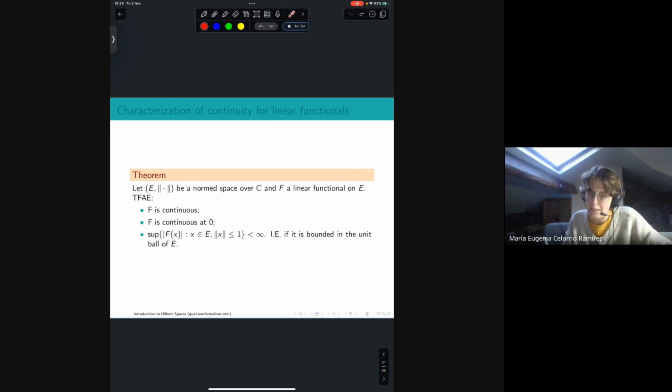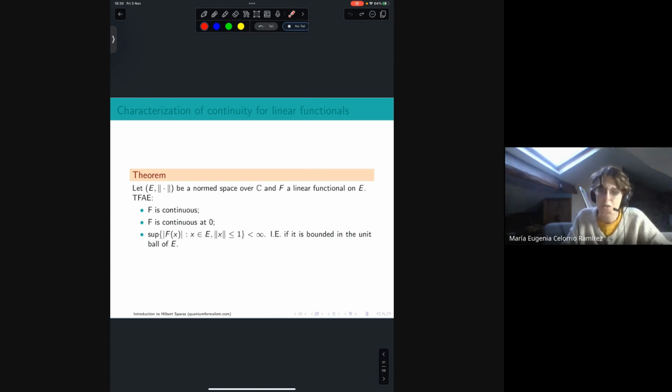Now, cool things about this. First of all, a small characterization of continuous linear functionals. You don't need to really check every single element of E. When we have a linear functional on a normed space, being continuous on every element is equivalent to being continuous just at 0, and to the fact that it is bounded on the unit ball of E. So the supremum of the absolute value of the functional over the elements of the unit ball is less than infinity.